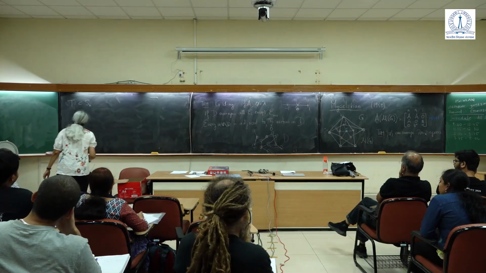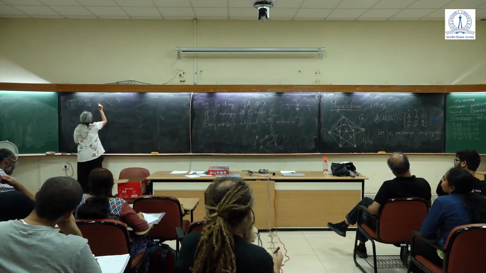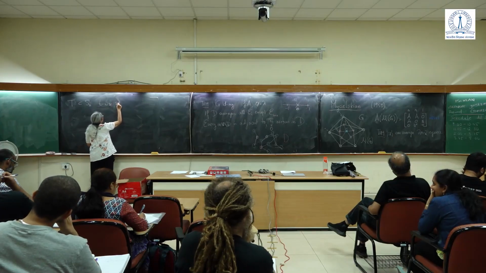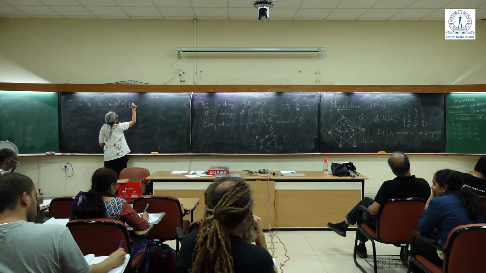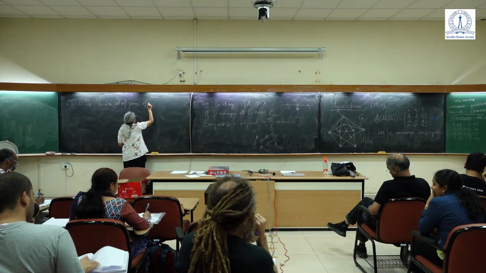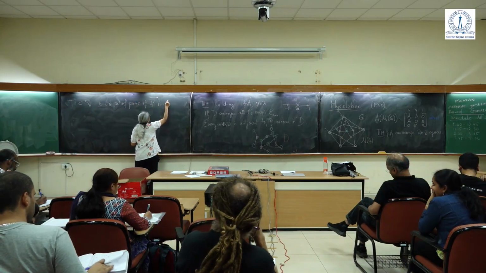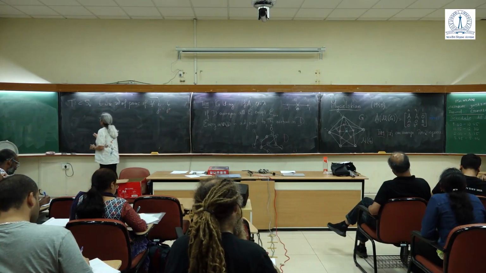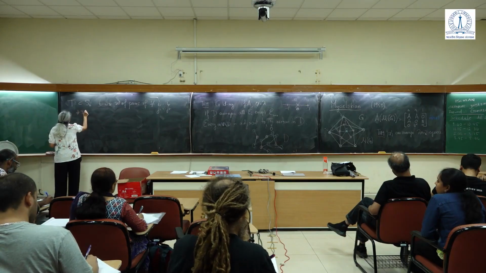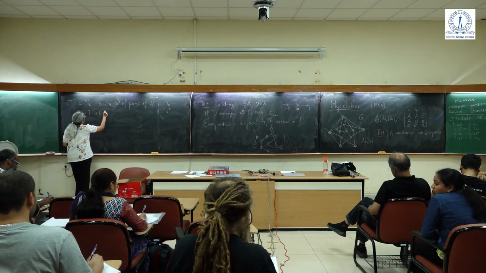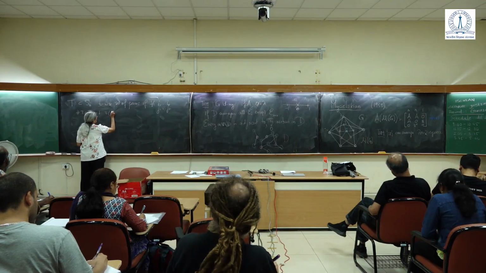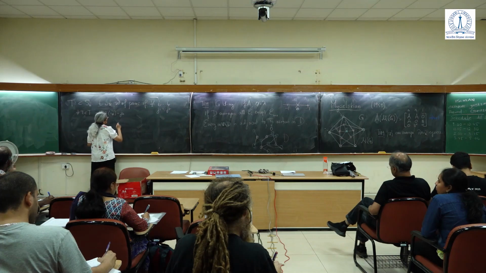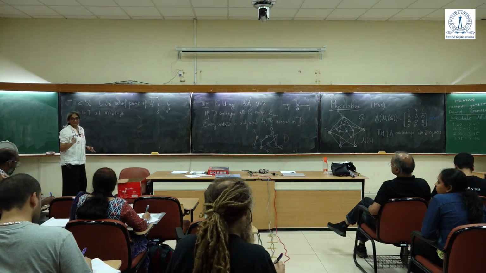So this is a t-wise set of permutations if for every i1 through it, j1 through jt, the number of pi in T such that pi of ik goes to jk, index by index, is the same.